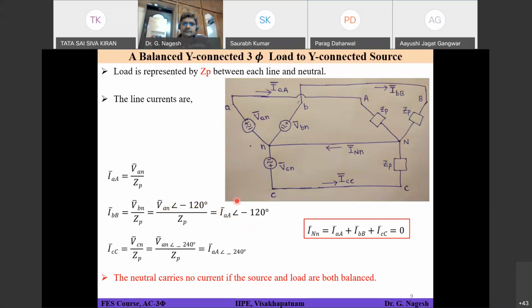I am simply substituting VBN in terms of VAN. Similarly, ICC will be IAA at an angle of minus 240.